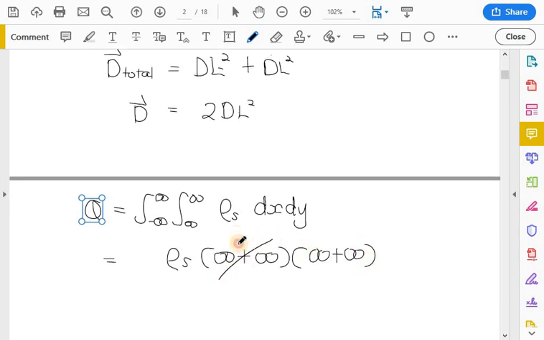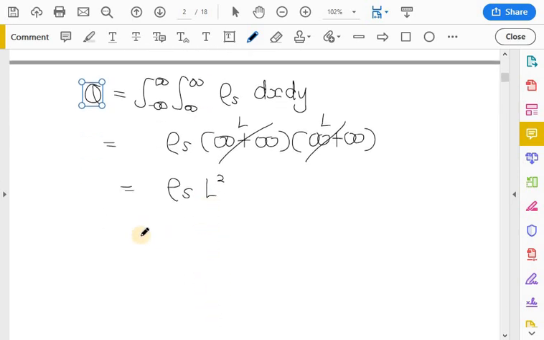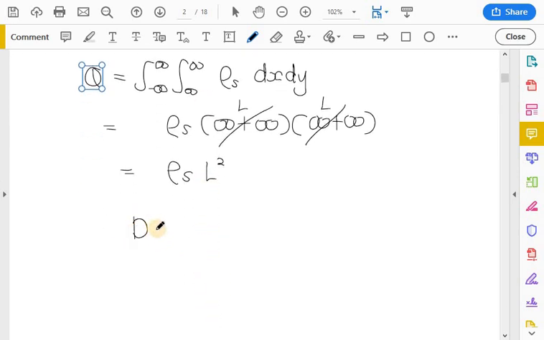So this one I represent as L as well. So rho s, I will have L squared. So now the left hand side and right hand side will have this one. So I put them together: D 2L squared is equivalent to rho s L squared. Then only I can cancel out. If I cancel out too early like just now, I cannot get the equation.